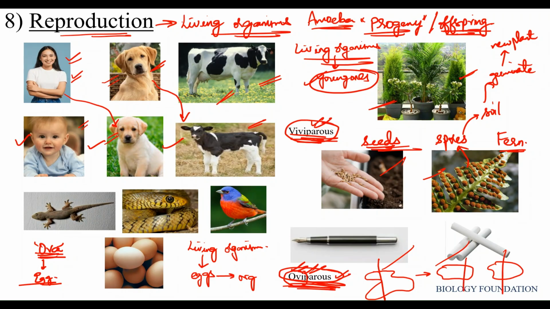Now again they divide to give you four amoeba, which act independently. So it can be as simple as that seen in amoeba to complex reproduction that you find in human beings, where the development of the baby usually takes 9 months, right? So it's quite complex. But any living organism must show this process of reproduction.